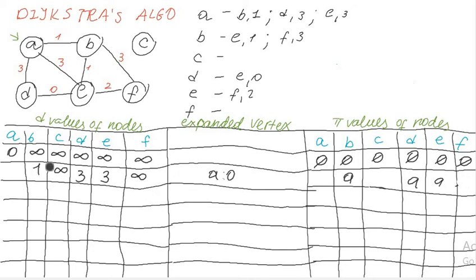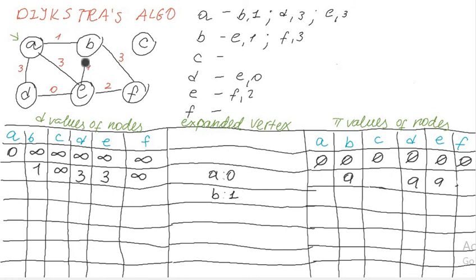And in the next step, we will choose the minimum from here. So we see that B has the weight of 1, so we choose B as the one with topmost priority, and we do the same. So we find all the nodes connected, that's E and F. So from B to E, we had a weight of 1, and then we have another weight of 1.